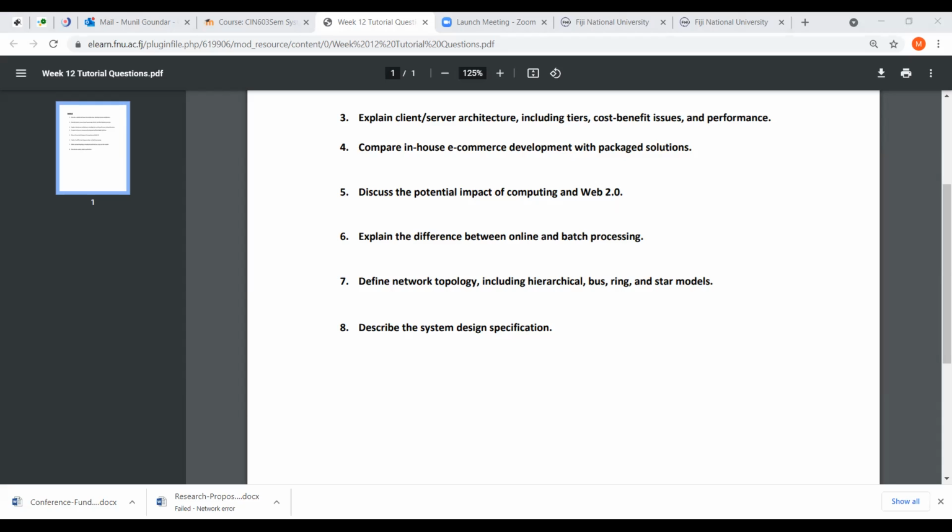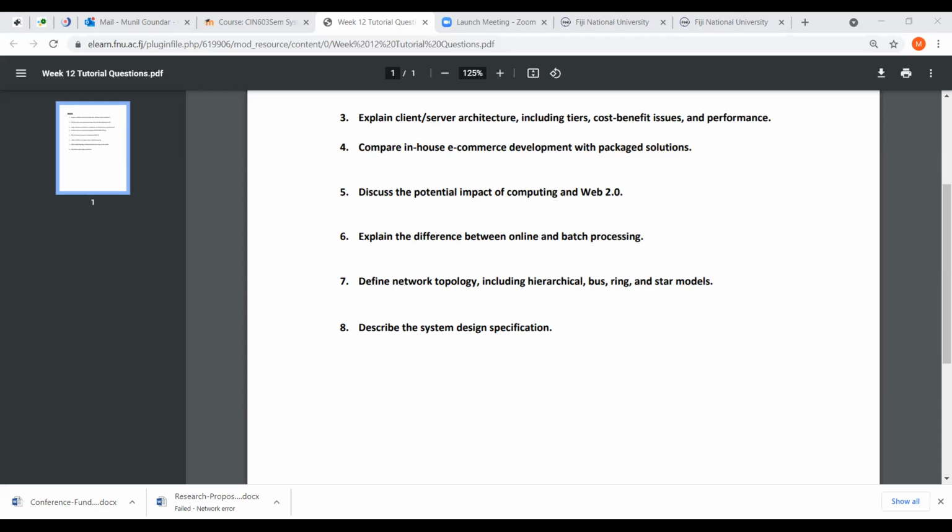Question number 7. Define network topology, including hierarchical, bus, ring, and star models. So we'll define what network topology is, and after that we'll define what all these topologies are.